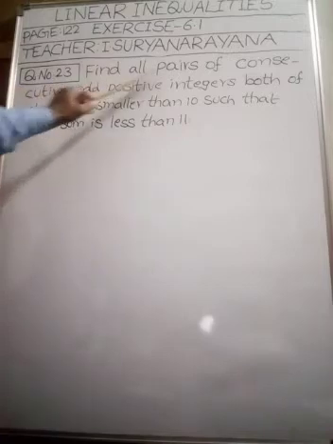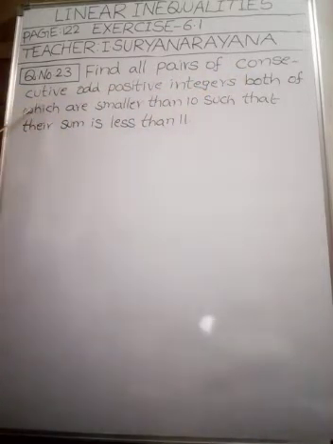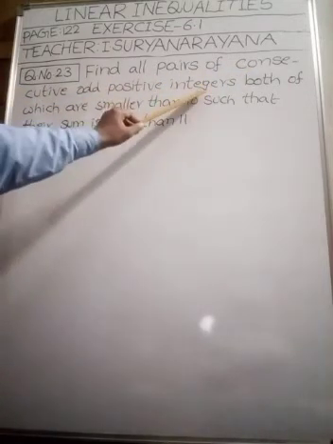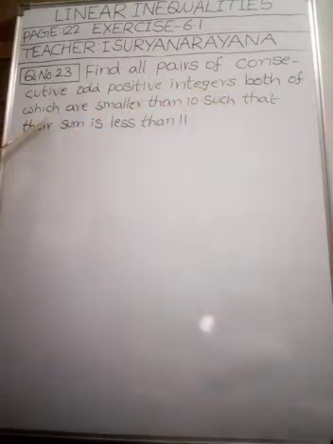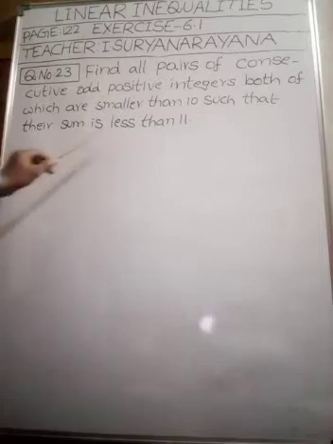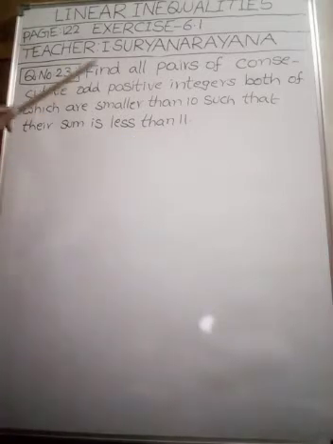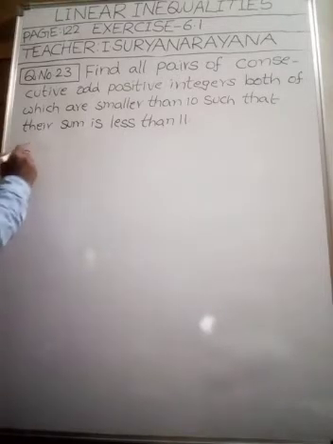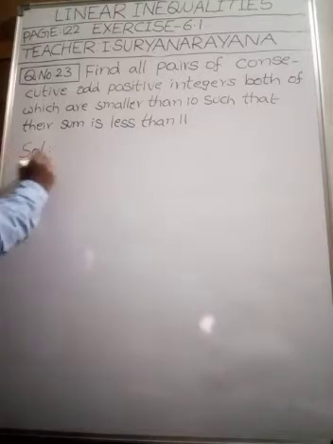Find all pairs of consecutive odd positive integers, both of which are smaller than 10, such that their sum is less than 11. Okay, my children, understood this question? Right. Now come to the solution part. What is asked here?